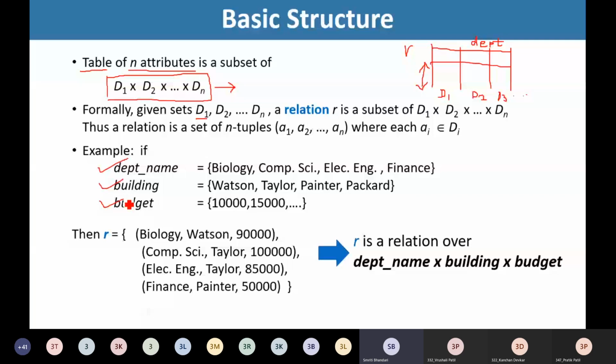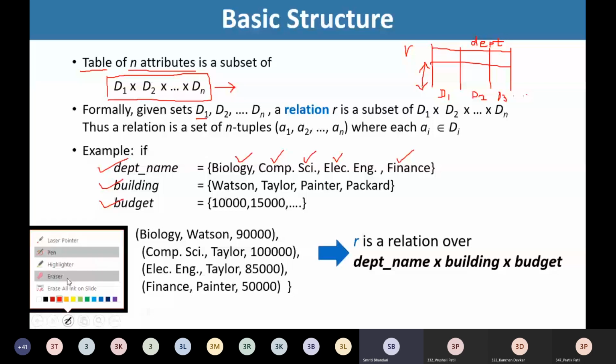Now suppose for department name, these values are permitted: biology, computer science, electrical engineering, and finance. These are the values for the domain department name.